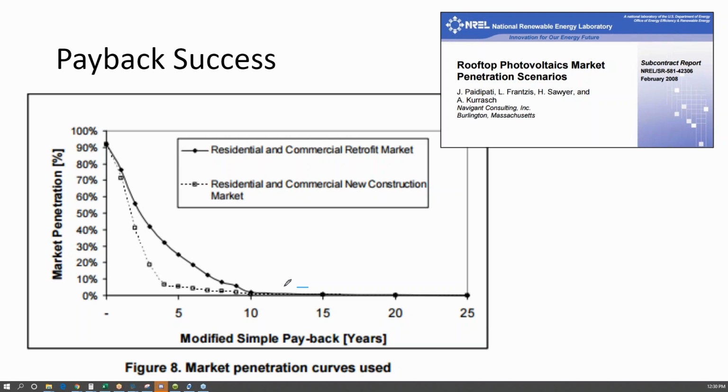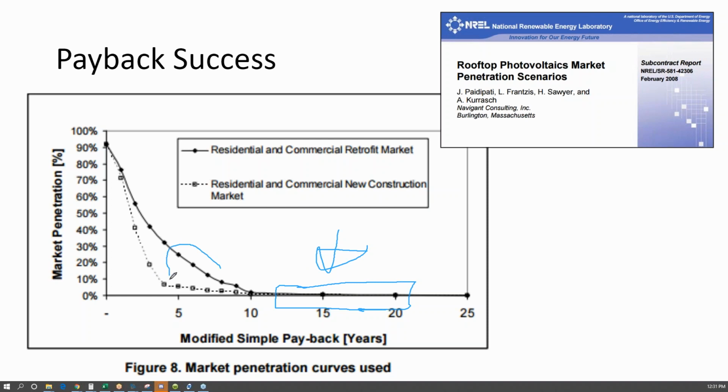But for most of the country, when you look at net metering policies being watered down or scaled back or having fees added to them, when you look at the tax credit declining, when you look at import tariff costs offsetting the cost reductions that the industry has made over the past few years, you're looking at solar projects in the 12 to 20 year payback range, and that's not enough to get people excited.